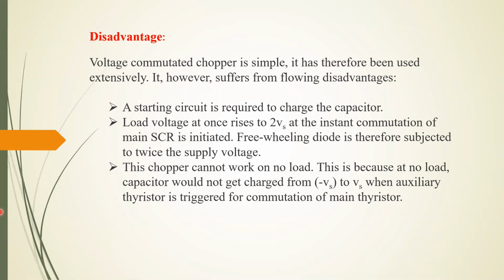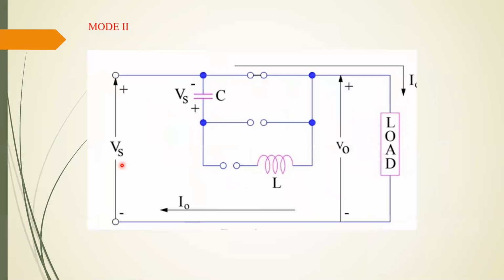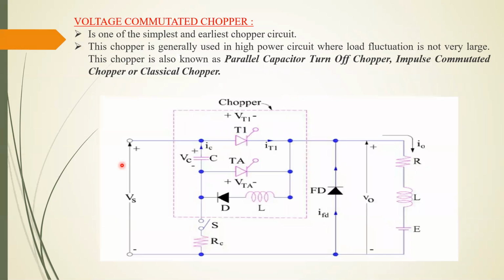This chopper cannot work on no load. This is because at no load, the capacitor would not get charged from minus Vs to positive Vs when the auxiliary thyristor is triggered for commutation of the main thyristor. These are the disadvantages of this method, the voltage commutated chopper.